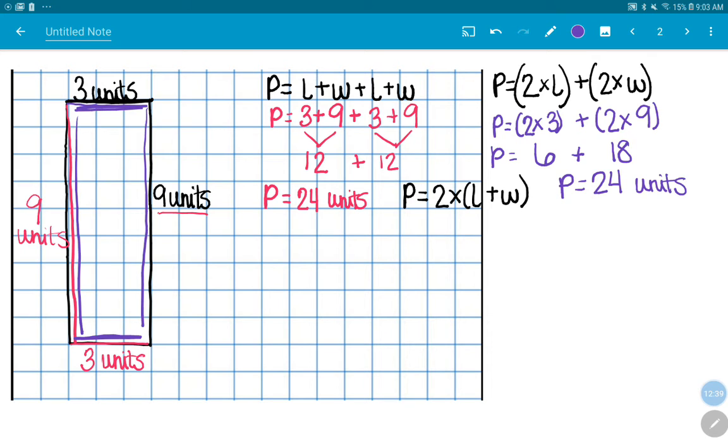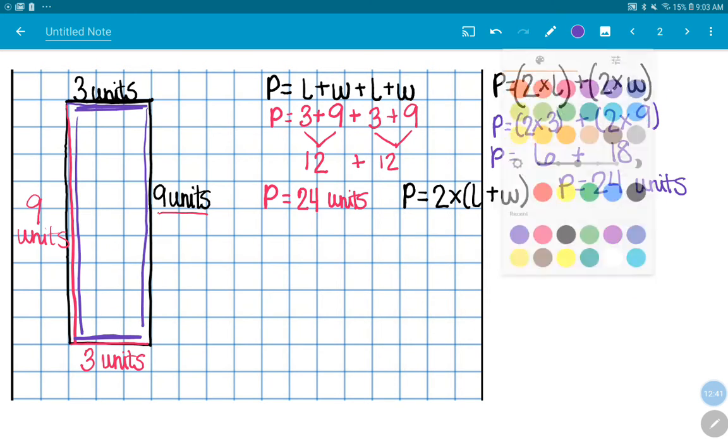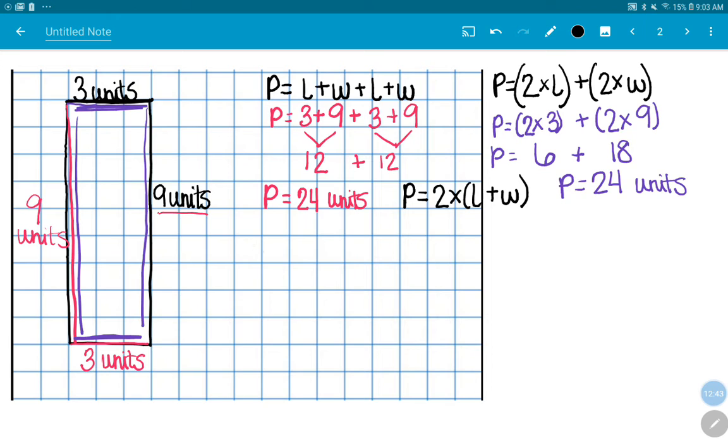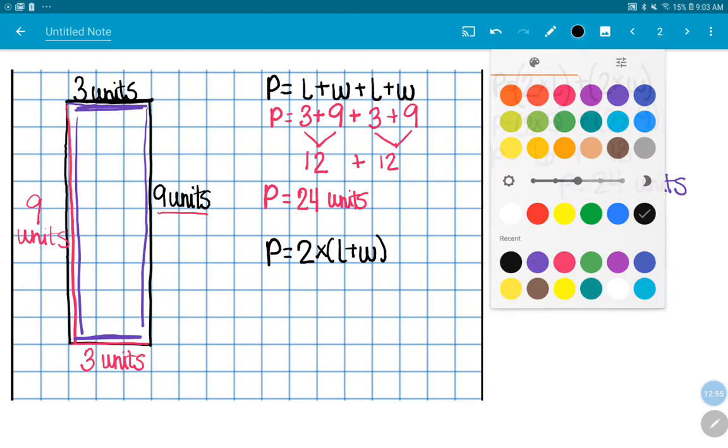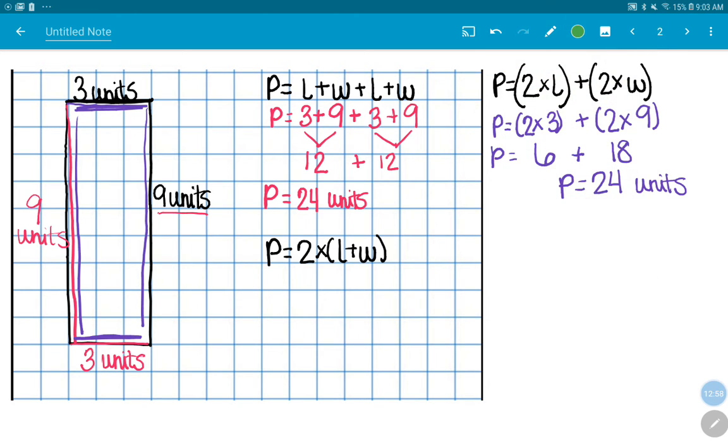Okay, so there's one last one. I'm going to move this down really quickly so that it's not jumbled up. So we said the last formula that we could use is 2 times the length plus the width. I'm just going to move that down. All right, so let's try finding the perimeter using this formula or this strategy. Perimeter equals 2 times the length. Remember, my length is 3, plus the width.